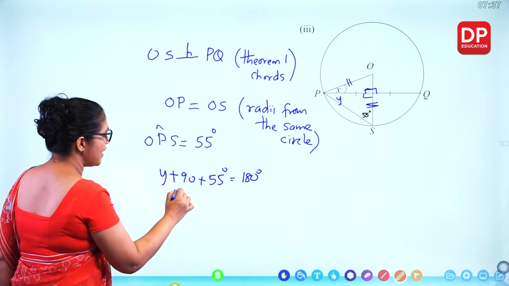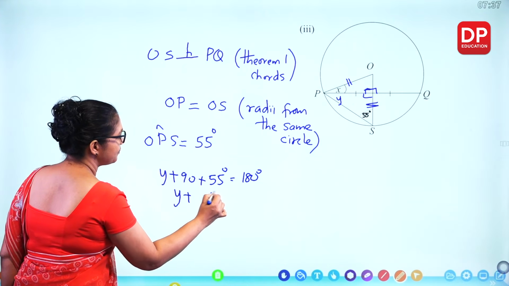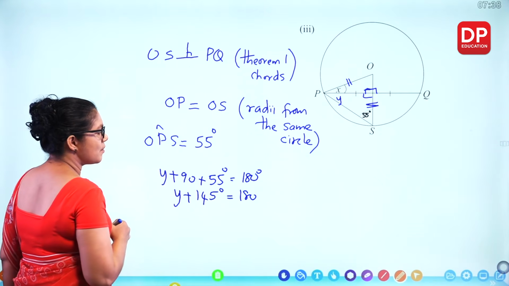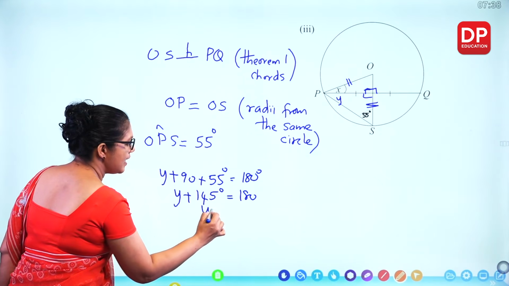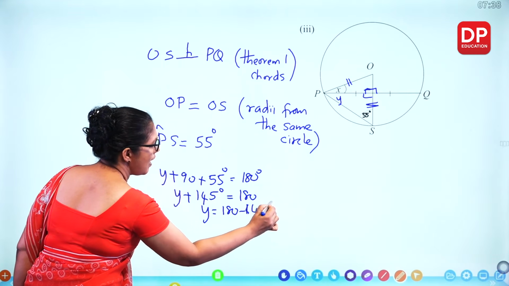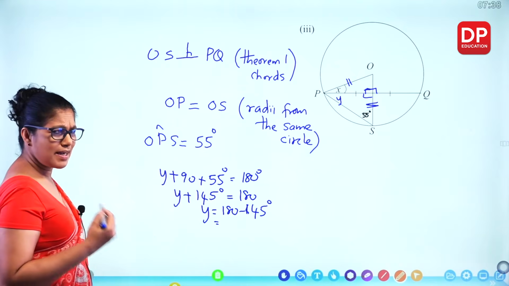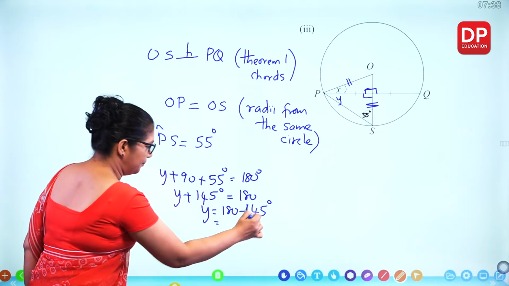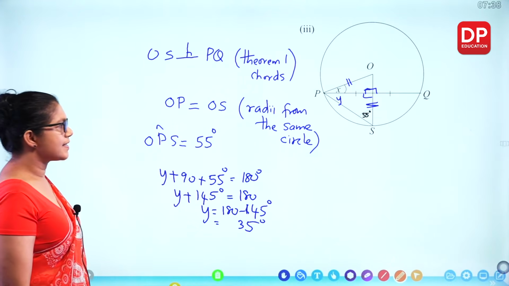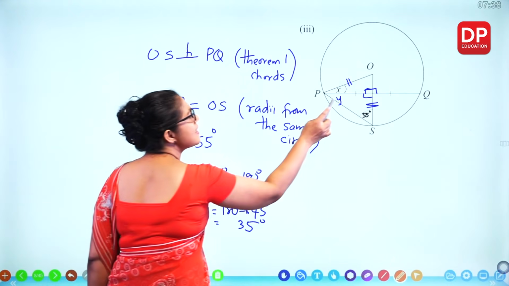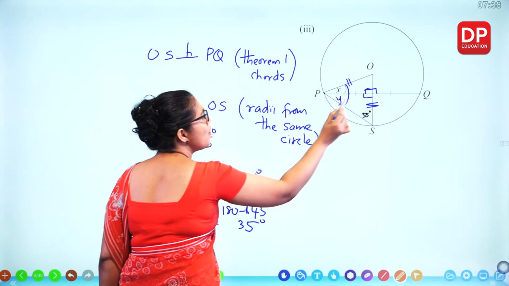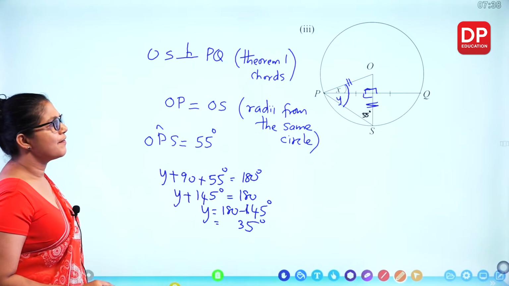So when you simplify this, y plus 145 is equal to 180. y equals 180 minus 145. So what's 180 minus 145? 35 degrees.